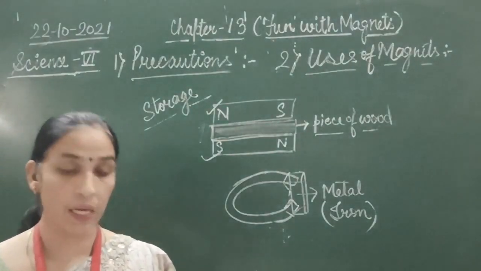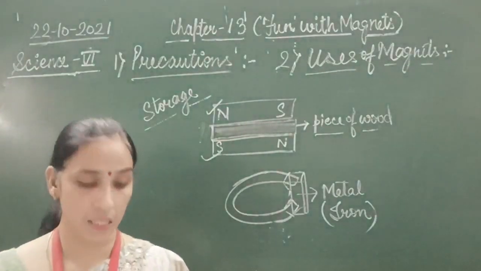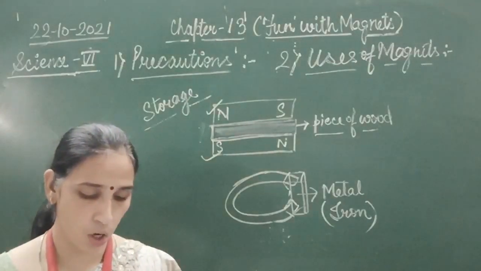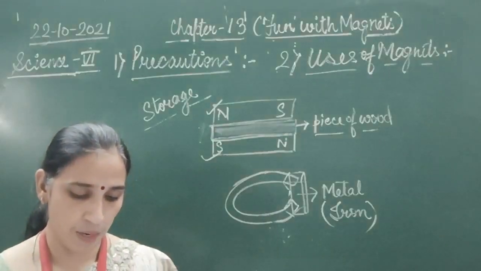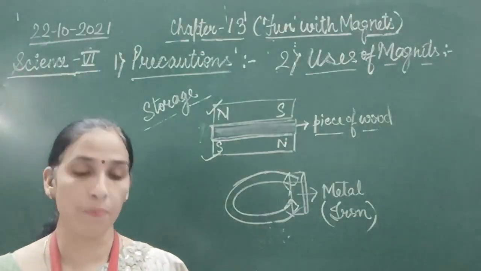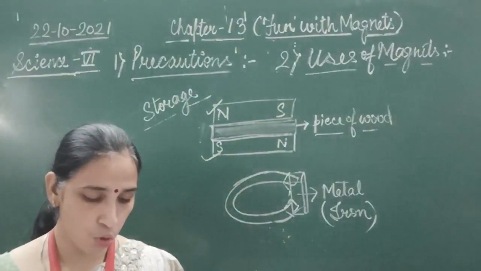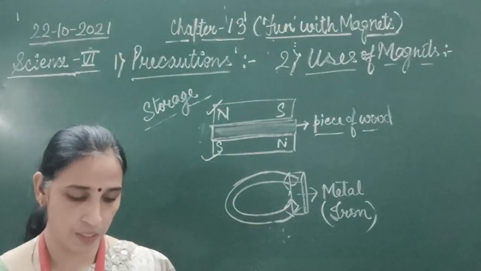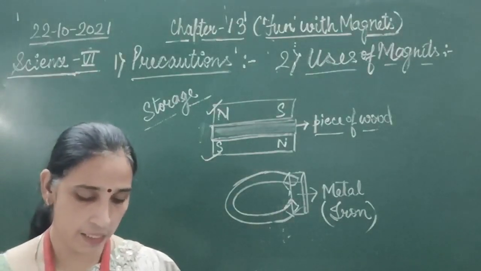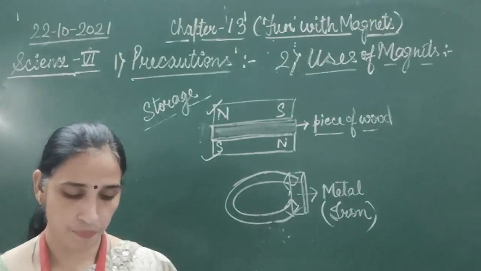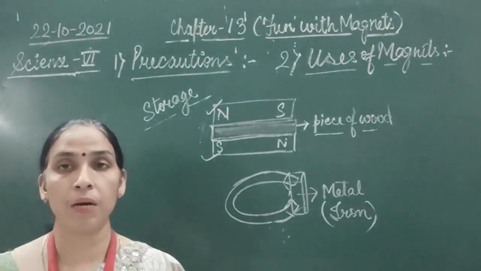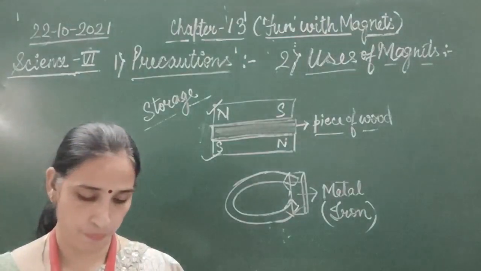Now this is done by an electromagnet fitted to the long arm of a crane by chain. This long arm of a crane is lowered over the heap of waste material and electric current through the electromagnet is switched on.